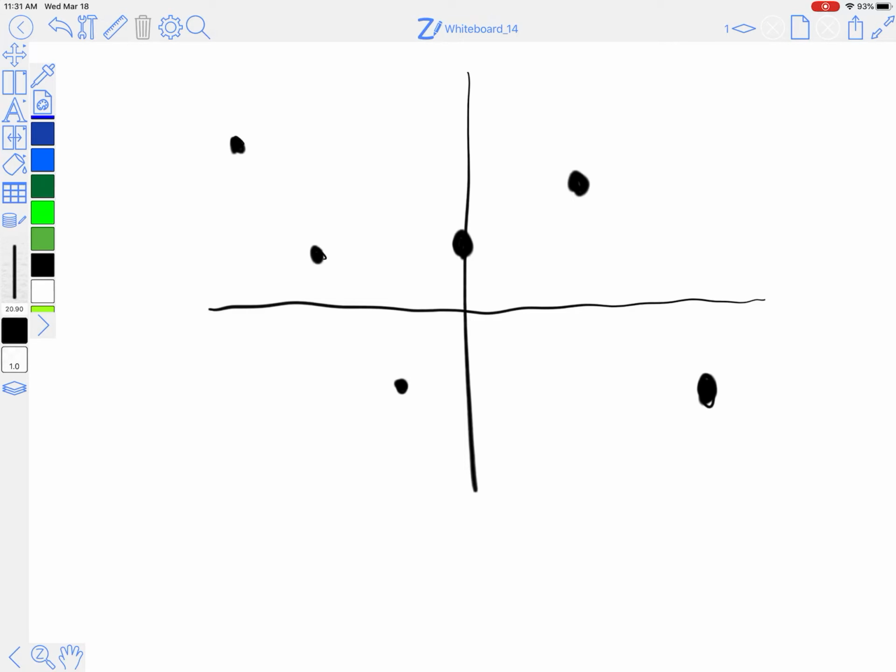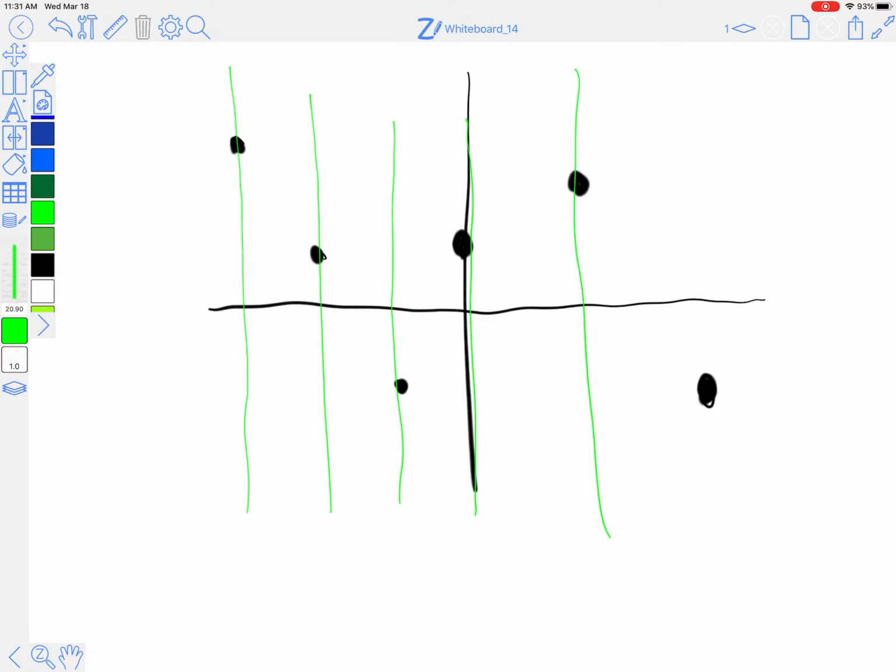Because right now, a vertical line only touches one point, only touches one, only touches one, only touches one point. Now to make this not a function, all I would have to do is add one more point somewhere on this graph that lines up directly above or below one of my already existing points.